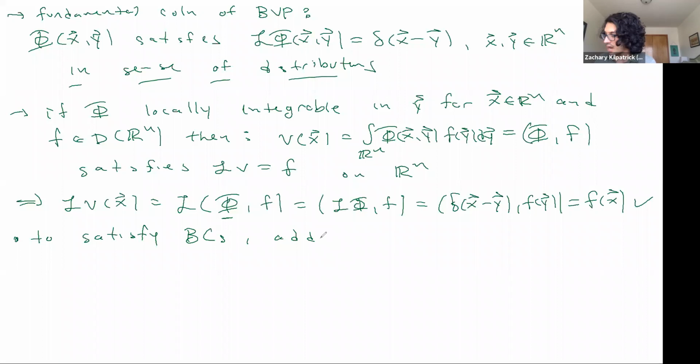So the idea is to add a solution, w, to this fundamental solution.